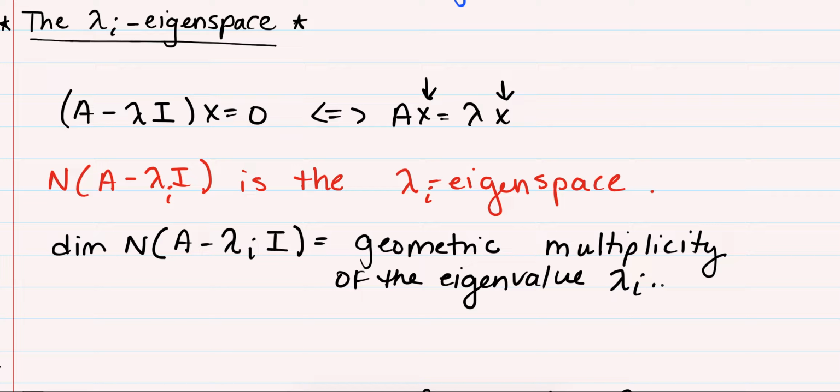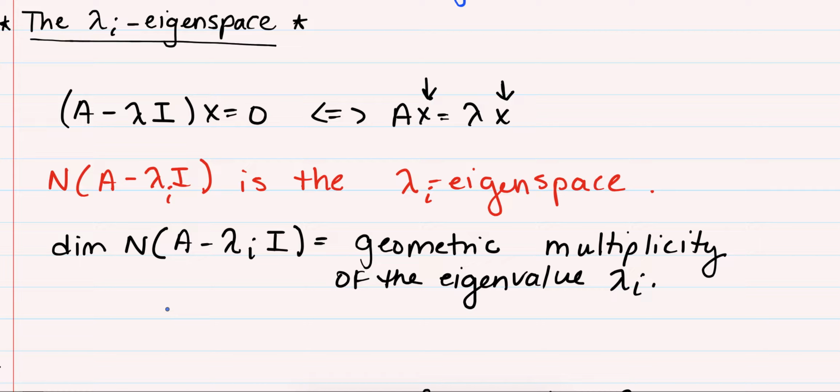And the geometric multiplicity of lambda I is the dimension of the associated eigenspace, or the nullity of this matrix here.